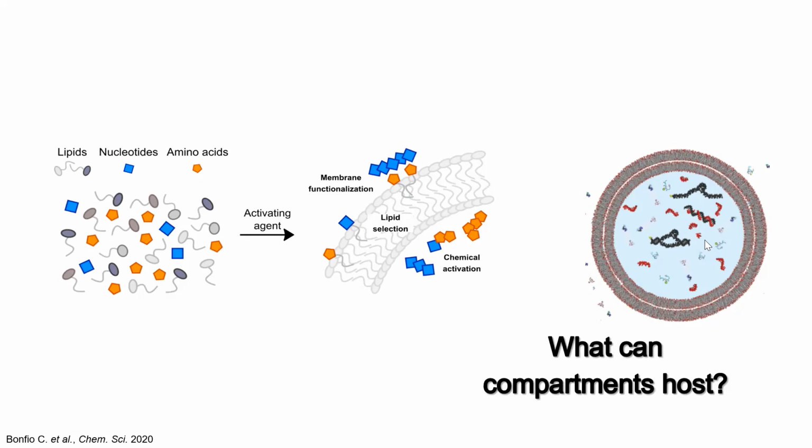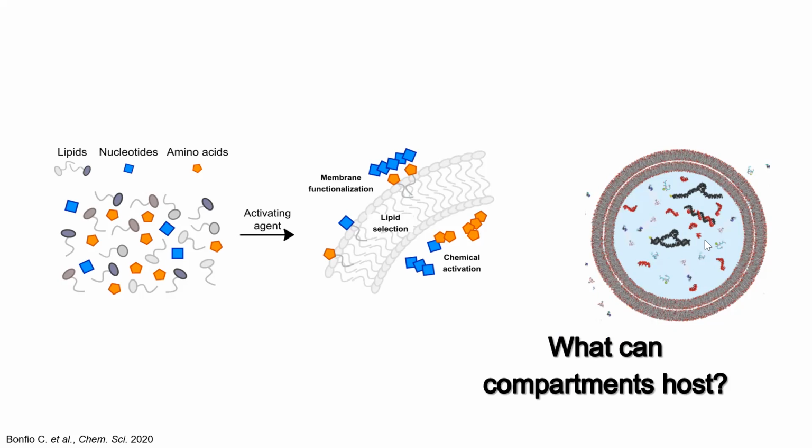They can participate in the reactions that are taking place within them. And so we should study what's the effect of the chemistry that we are performing inside our compartments on the compartments themselves, and how compartments can enhance or take part in this chemistry.